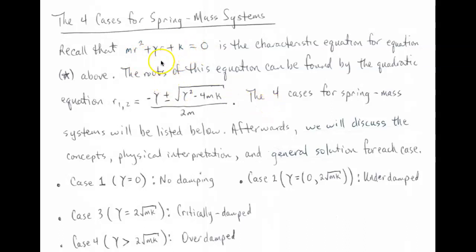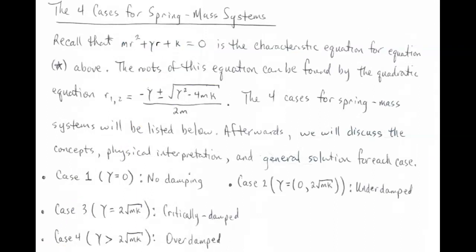So by figuring out what is going on with the roots of the characteristic equation of the homogeneous solution for those equation types, we essentially can see what's going on in the spring-mass system as well.